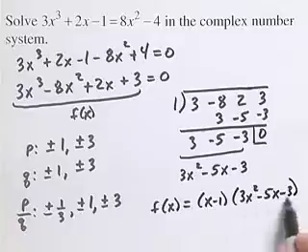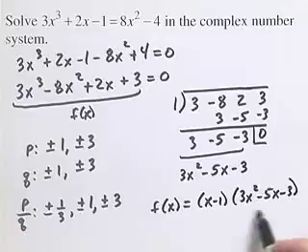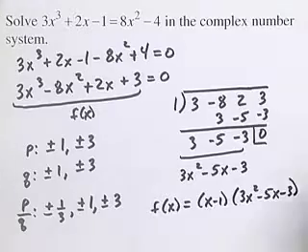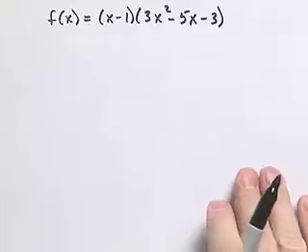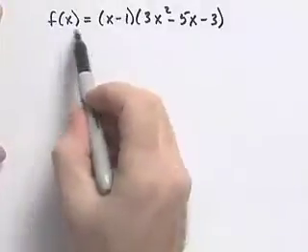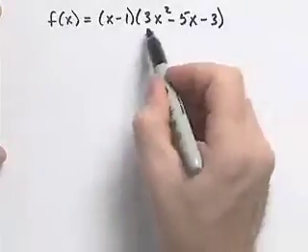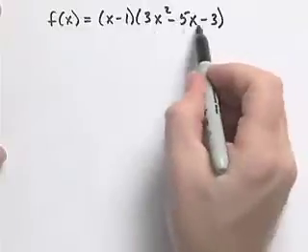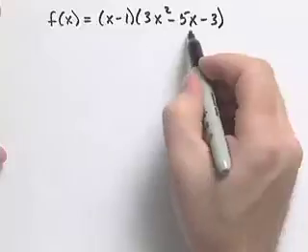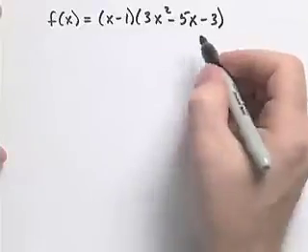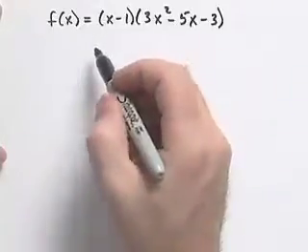All we have to do now is see if we can get any zeros of this quadratic expression here. We just want to see if we can factor 3x squared minus 5x minus 3 any further. If we look at it, we see that it is not going to be able to be factored, but we still are interested in finding the zeros of our function.